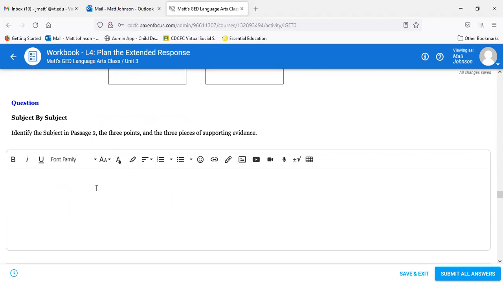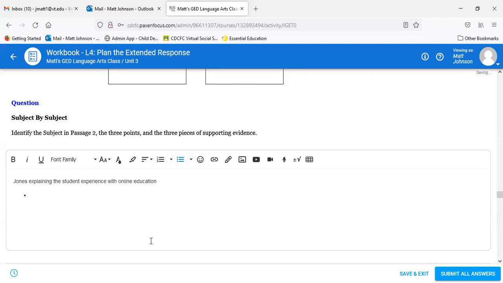So the subject of the second passage is Jones explaining the benefits. Or Jones, largely it's about students. So Jones explaining the student experience with online education. Okay. Drop down.